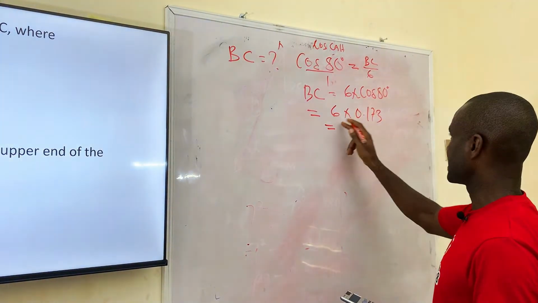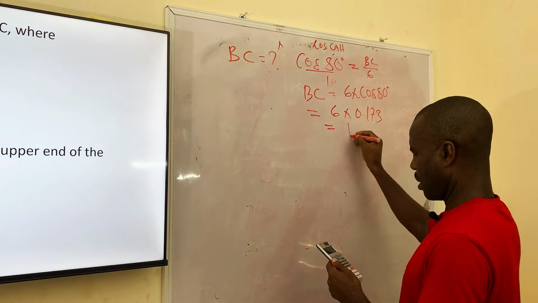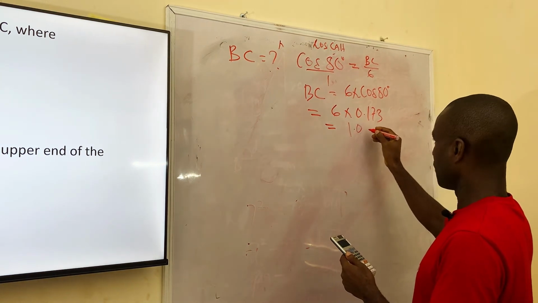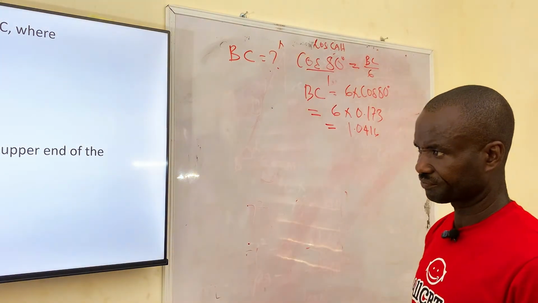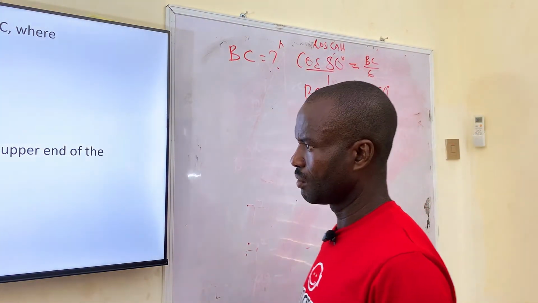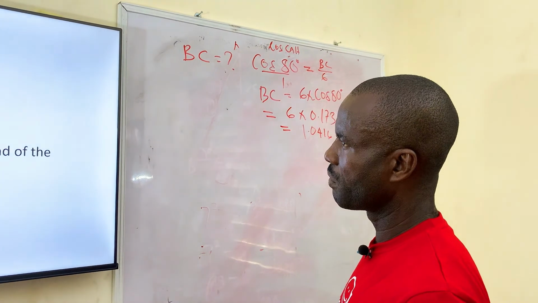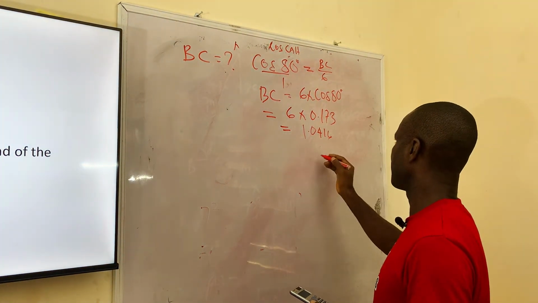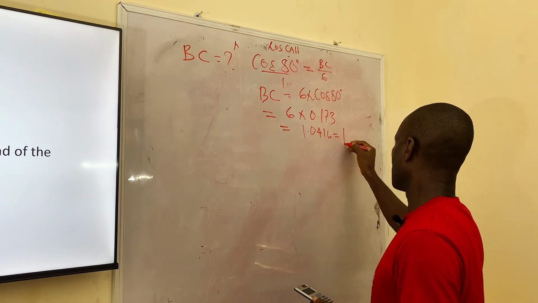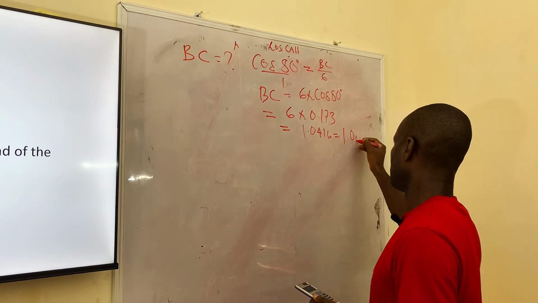So multiplying 6 times this gives us 1.0416 from our calculator. So to the nearest whole number, we have the answer to be 1.0 meter.